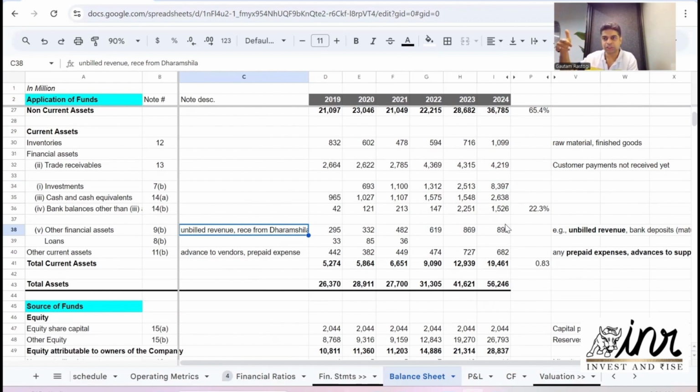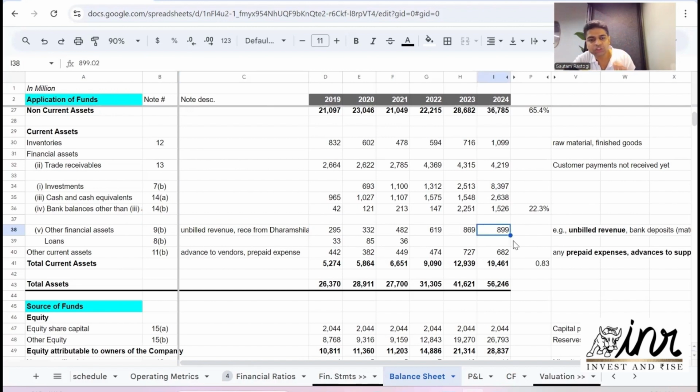If you have a postpaid connection, in the middle of the month there is some unbilled revenue. That means although you are in the process of consuming the service, you have not been billed for it yet.